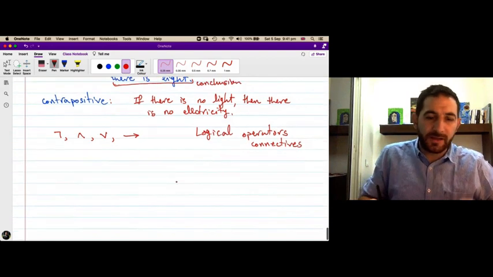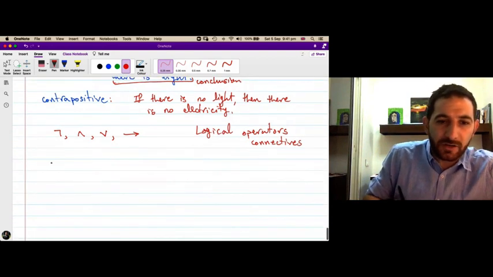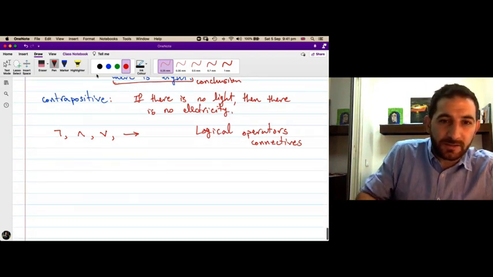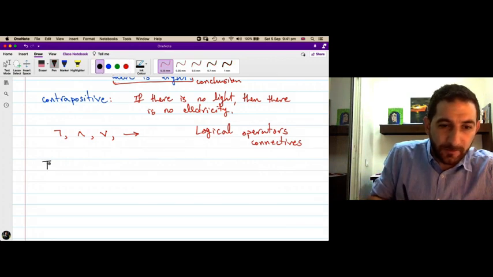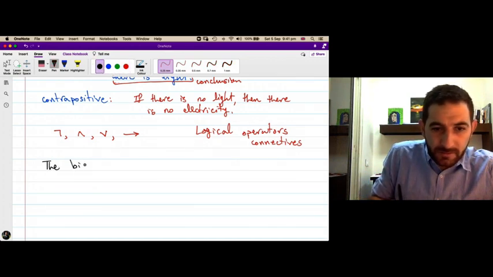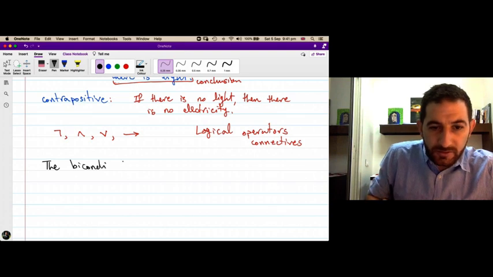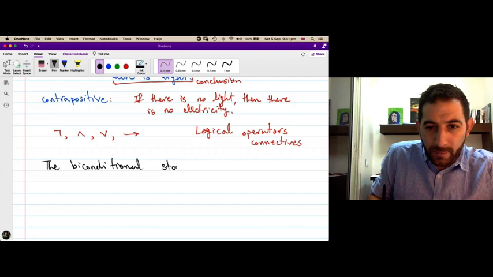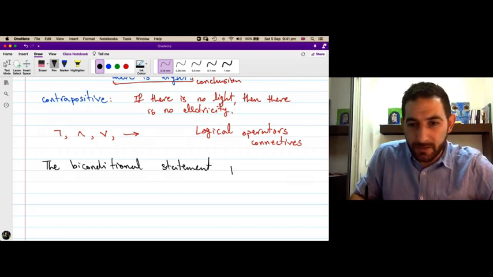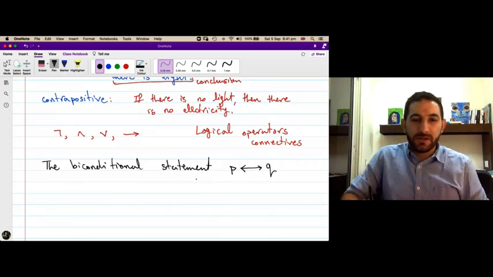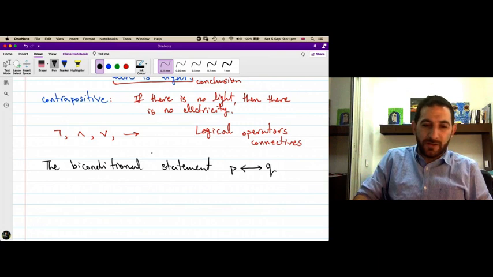Now the next logical operator is the biconditional statement. Suppose P double arrow Q. We are given two propositions P and Q, and then we form a new proposition called the biconditional statement.